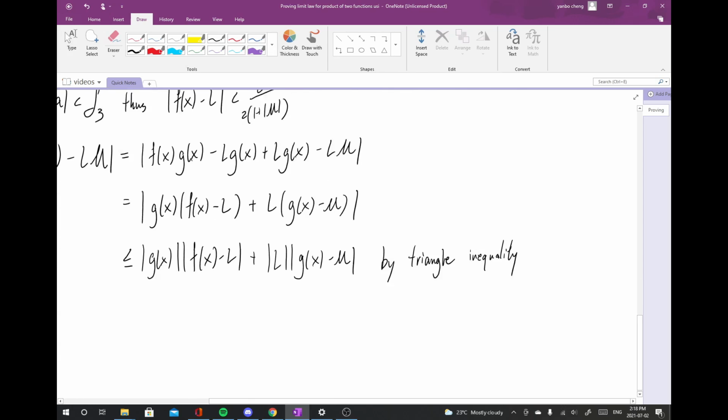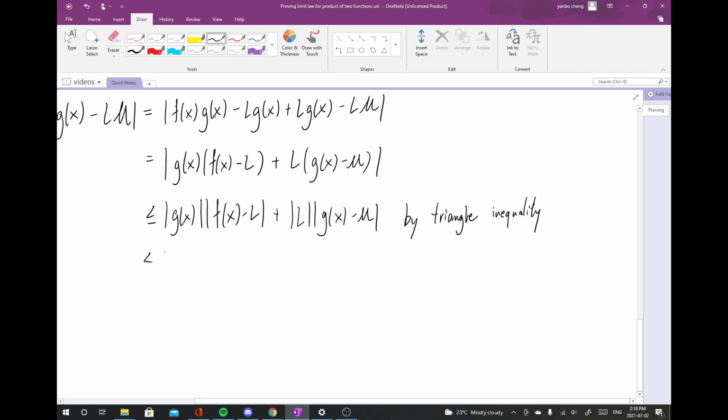And now we can sub that in. We know that this is smaller than 1 plus absolute value of m times the absolute value of f of x minus L plus 1 plus absolute value of L times the absolute value of g of x minus m.